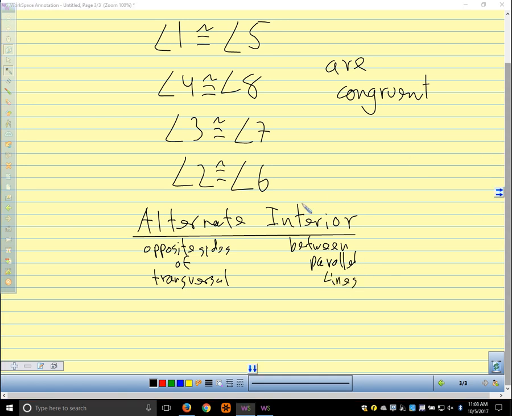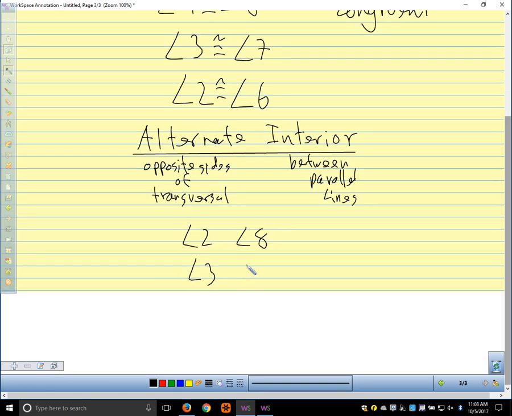So our alternate interior angles are angle 2 and angle 8, and then angle 3 and angle 5. Alternate means opposite sides of the transversal. Interior means between the parallel lines.